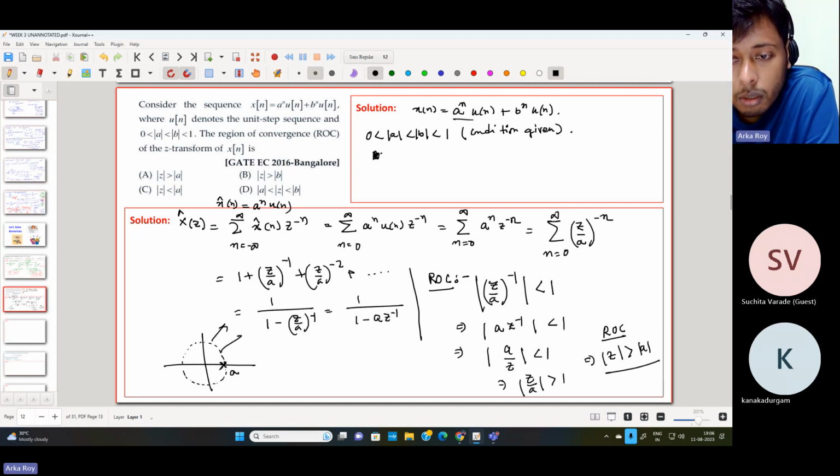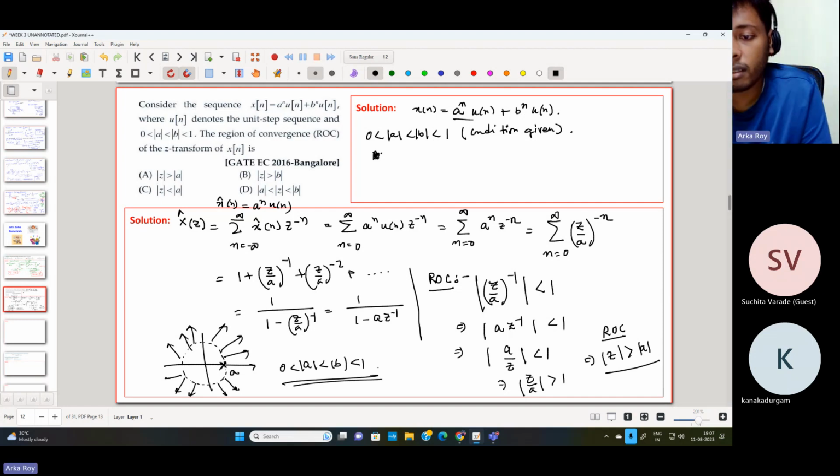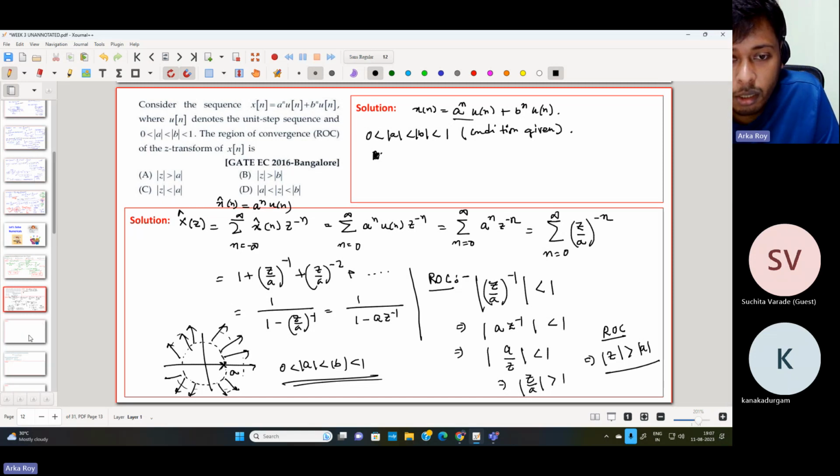So the ROC will go out like this, and it has already been given that a is less than 1. So the unit circle is enclosed. Let us consider this is the unit circle. The ROC will be outside that position, and the unit circle is enclosed within the ROC.